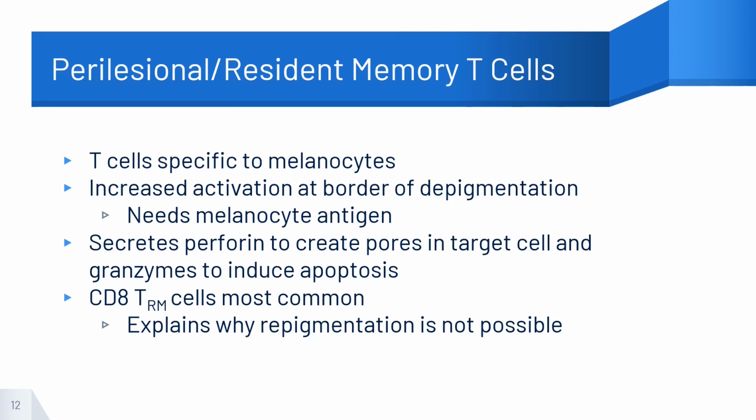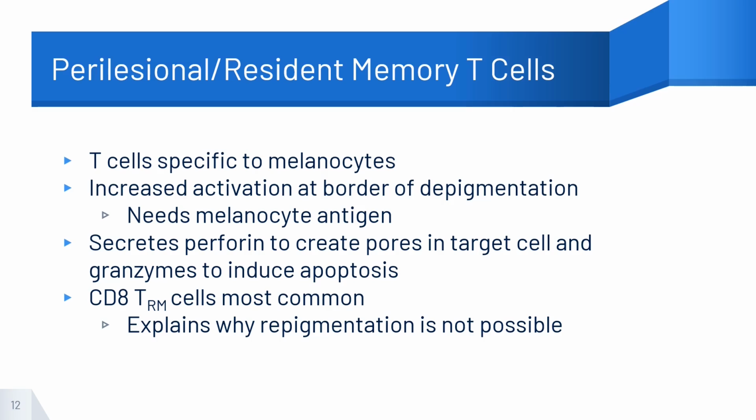And there are also found to be resident memory T cells in these areas after the initial immune response has ended. And so the CD8 T resident memory cells are what are most common. Whenever they're presented again with the melanin or the melanocytes, they're going to be able to respond much faster and create an immune response at a quicker pace because they have already been presented with them in the past.